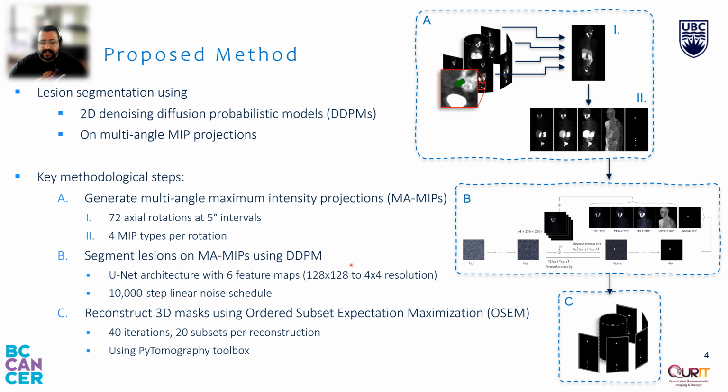Then segmenting the PSMA prostate cancer lesions on these rotational MIPs using the denoising diffusion probabilistic model, and then back projecting the segmentation masks from the projection space to the original 3D space using the OSCM algorithm.